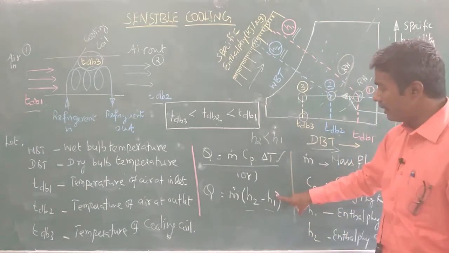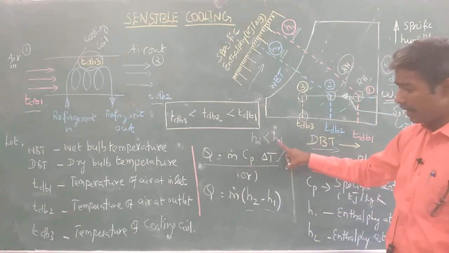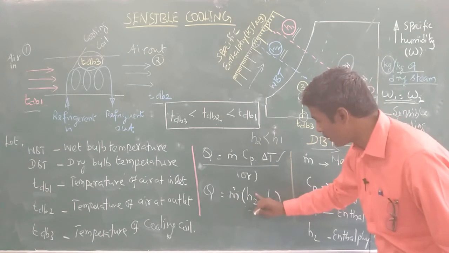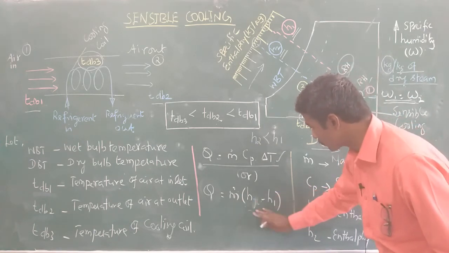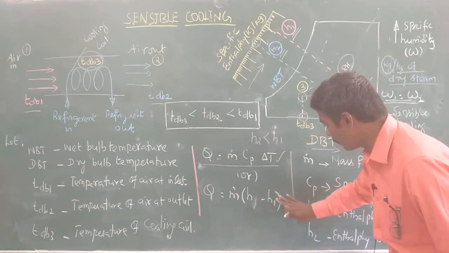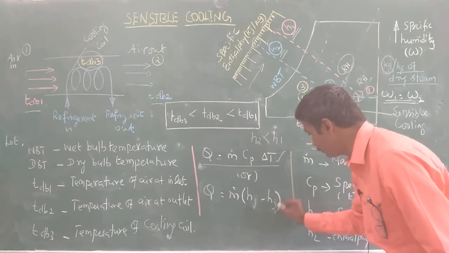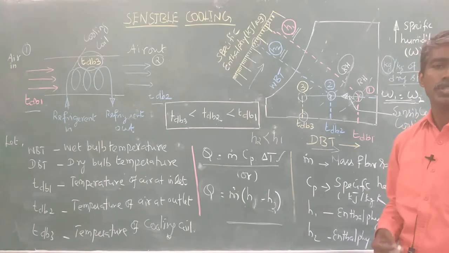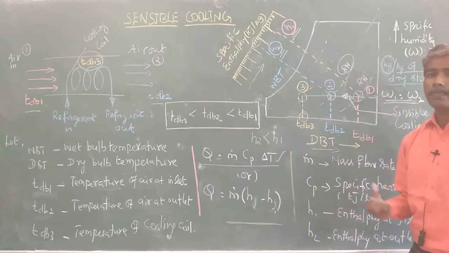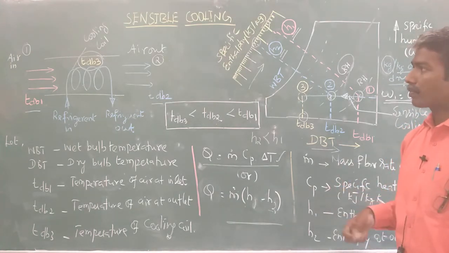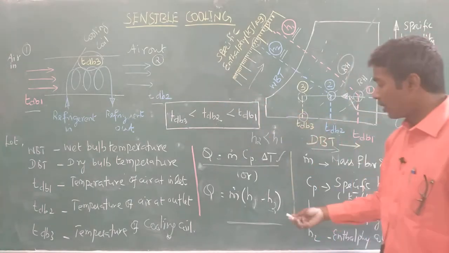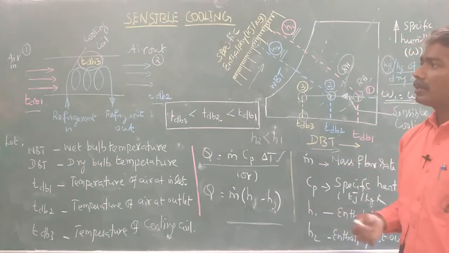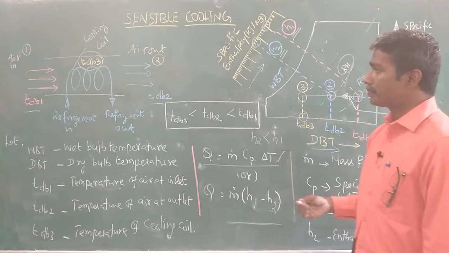While writing the formula, the greater value has to come first. So it is H1 minus H2. Using this formula, we can easily find out how much heat is removed from the given air.